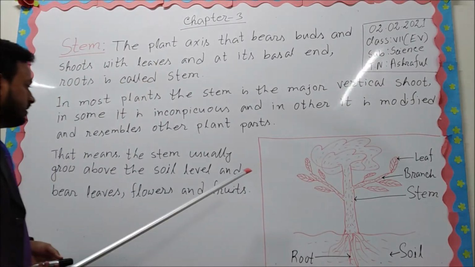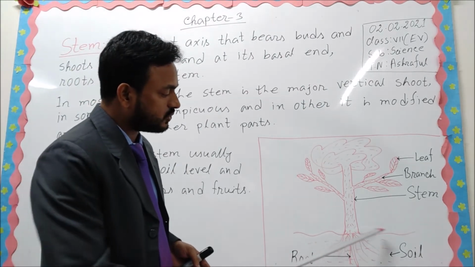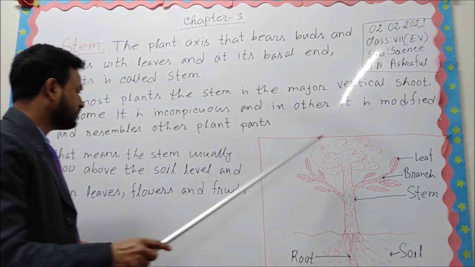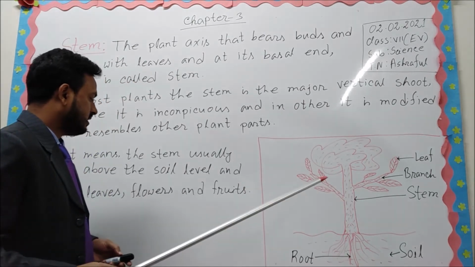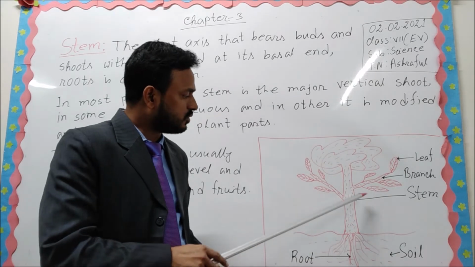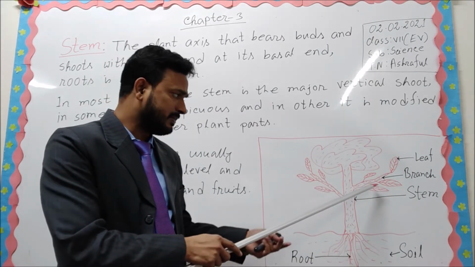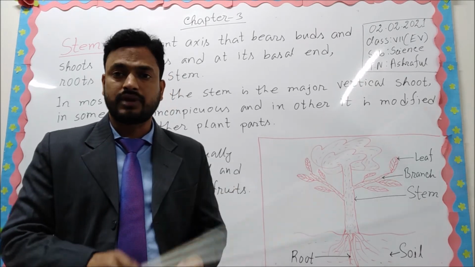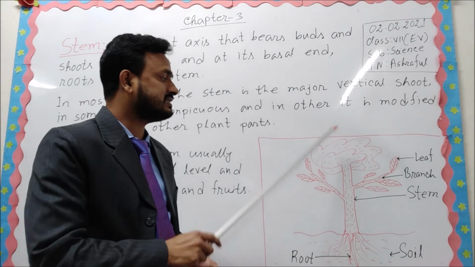So the stem usually grows above the soil level and bears leaves, fruits, and flowers. It is called stem. So see, this is the stem, and it bears branches, leaves, flowers, fruits, etc.